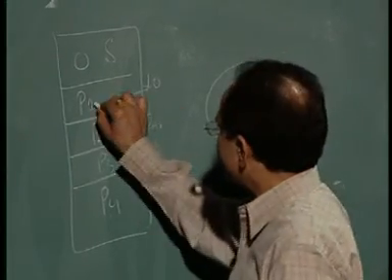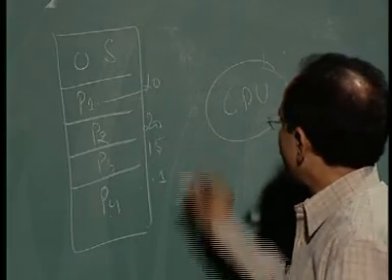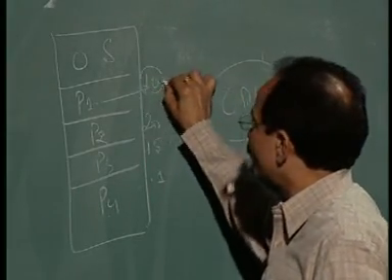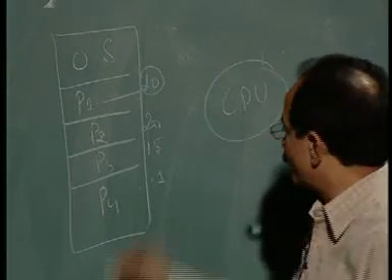Now, the moment it executes P1, since this is a CPU bound job, it will utilize all its 10 units of time before it shifts to the next job.